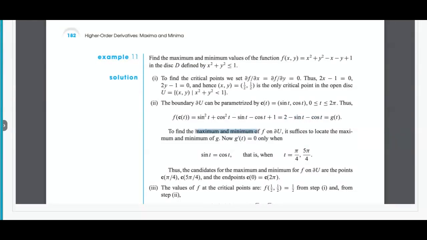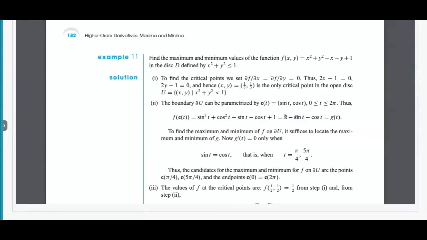To find the maximum and minimum on the boundary, it suffices to locate the maximum and minimum value of this function g, because this function is just the parameterization of this. So we just find the derivative of g and set it to be 0.